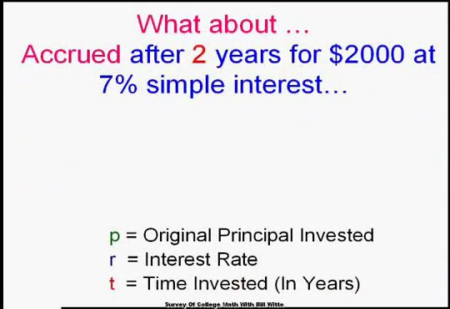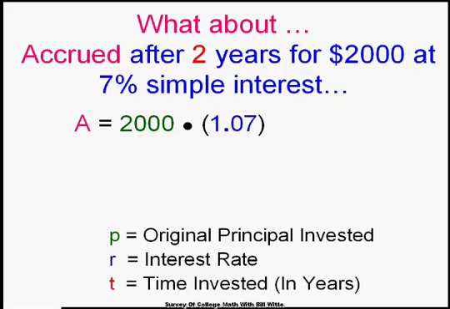Are you pondering what I'm pondering? Well, what if we keep it in there longer? We're starting to make a little bit of money. How much would we accrue after 2 years for the same amount of money, $2,000? We're not putting any more in. We're just going to start with $2,000 at same interest rate, 7%. Well, we're going to get the first year, we're going to get our $2,000 times 1.07.